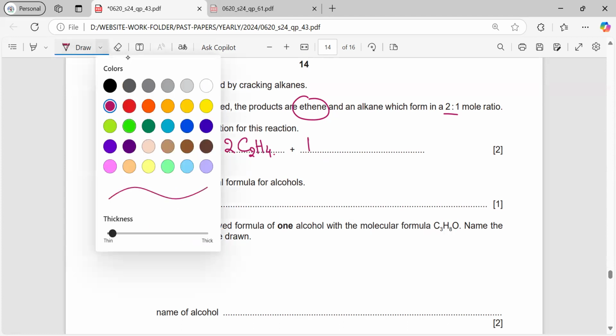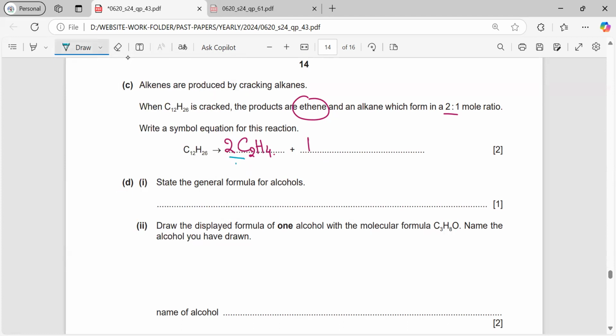Here we can count the carbon numbers: 4 carbons and 8 hydrogen atoms in 2 molecules of ethene. In the reactant we have 12 carbon, so we do 12 minus 4, which comes out to be 8. So it will be C8. For hydrogen, it's 26 minus 8, which comes out to be 18. So H18.